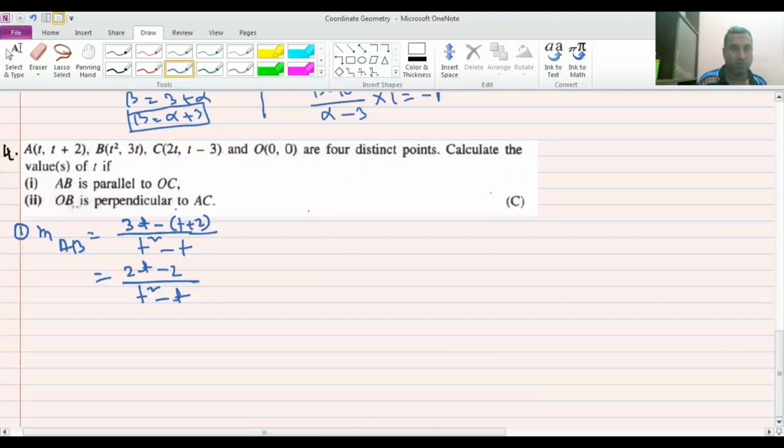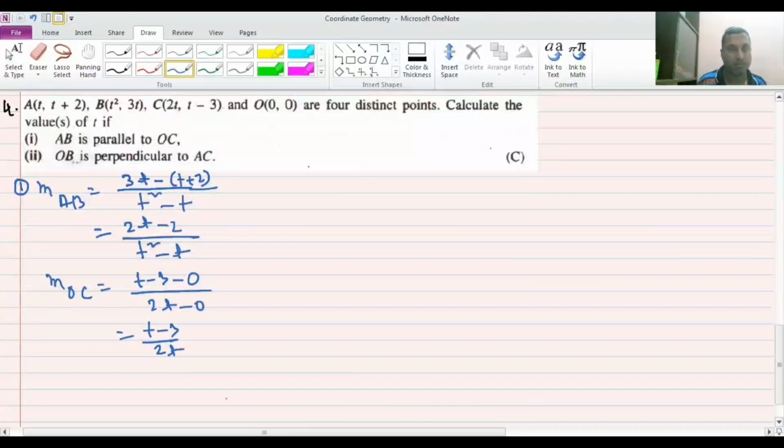Then the gradient of OC is (t − 3 − 0)/(2t − 0), so this will be (t − 3)/(2t). Since they are parallel, the gradients will be equal: (2t − 2)/(t² − t) = (t − 3)/(2t).